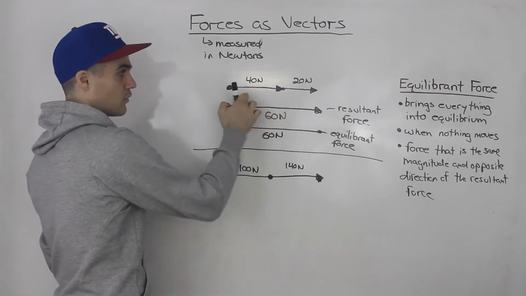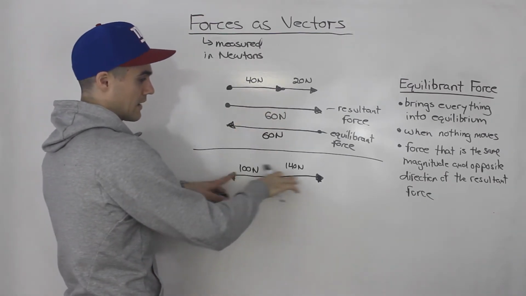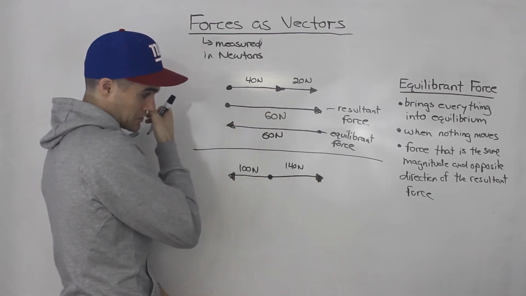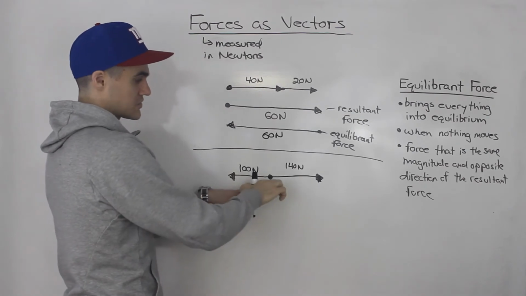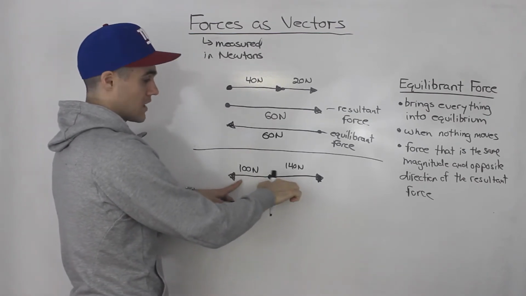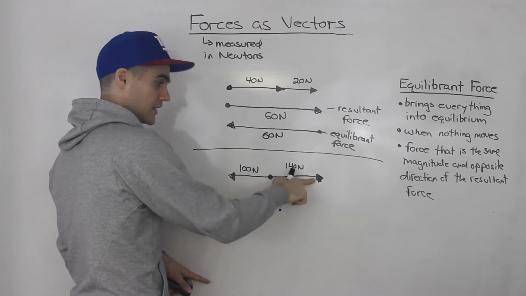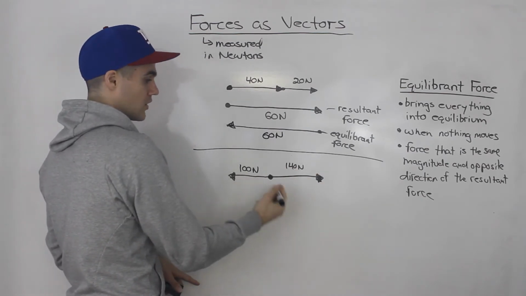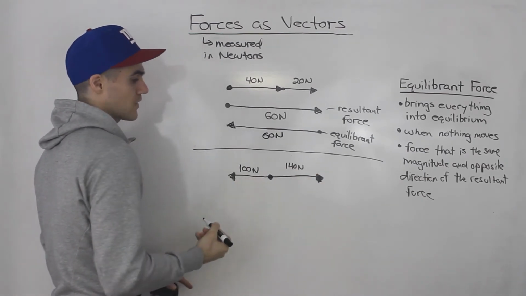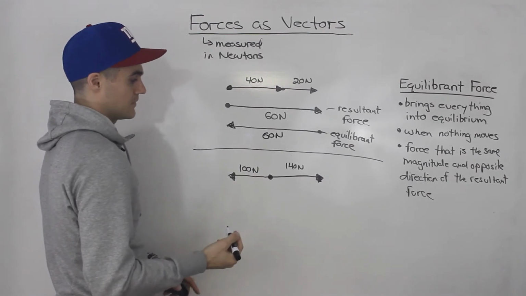Right? So instead of both forces being in the same direction, they're now going in the opposite direction. So this sort of represents almost like a tug of war on this object. There's one force pulling it 140 newtons this way, another force pulling it 100 newtons this way. Well, what's going to happen?